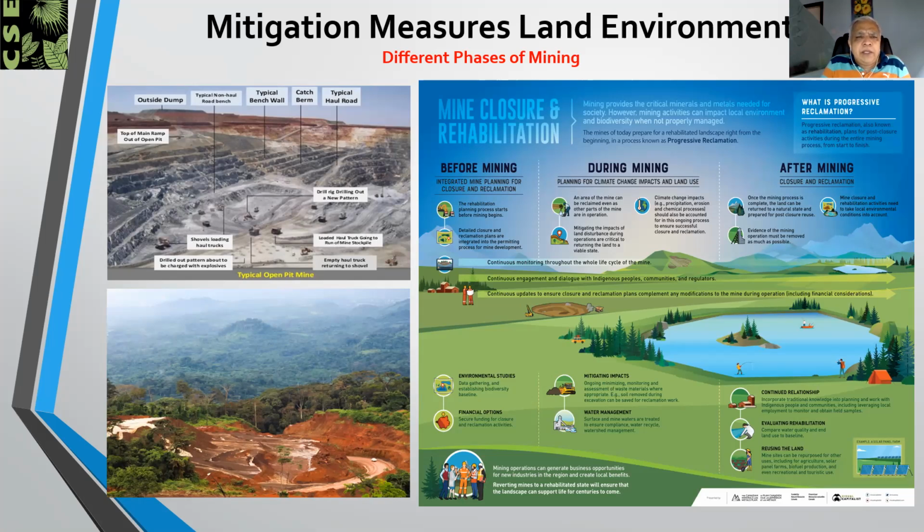As we have seen, mining results in creation of huge dumps outside and a scar on the landscape where the mineral and overburden is removed. So the mine planning, mine closure and rehabilitation, in order to ensure sustainable mining, has to be done over all the three phases of mining.